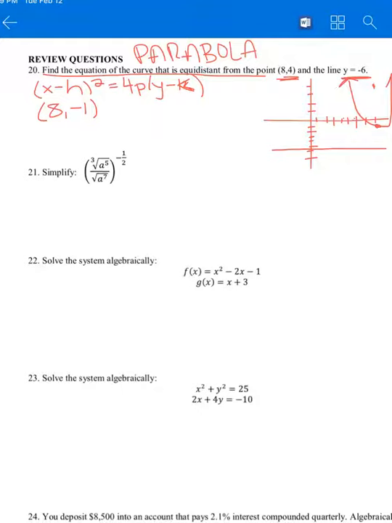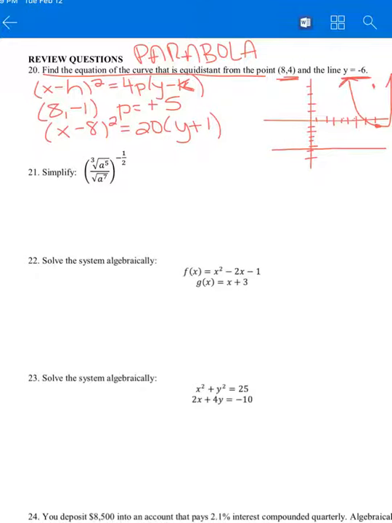It also can't be going through the directrix at all. And then the p-value, because it's concave up, p is going to be positive. And then you count from vertex to focus how many you go up. In this case, I go up 5. So when I plug this in, I get x minus 8 squared equals 20 times y plus 1. That's it.